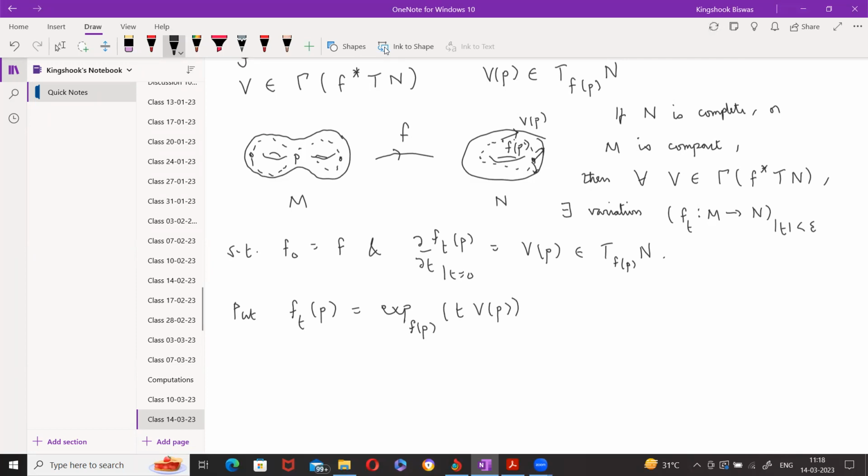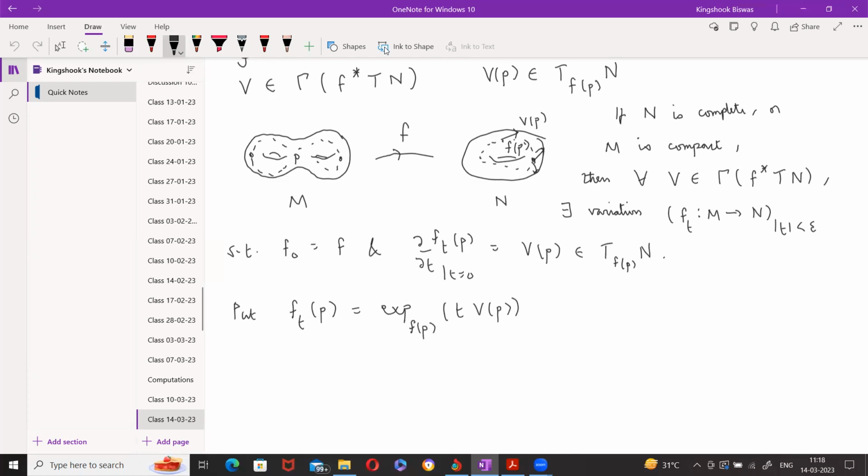So if N is complete, then this exponential map is defined for all time, right? So this is well defined.